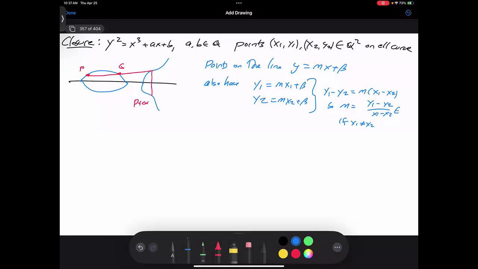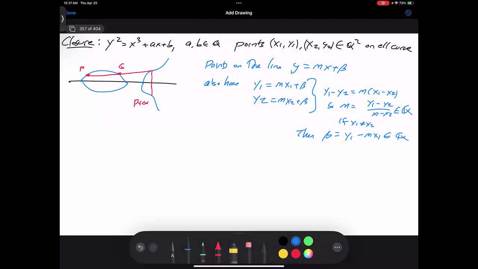And this is clearly going to be rational because everything in sight is rational. All right, how would you then prove that beta is rational? Good. So beta is the difference of a rational and a product of rationals and is thus rational.